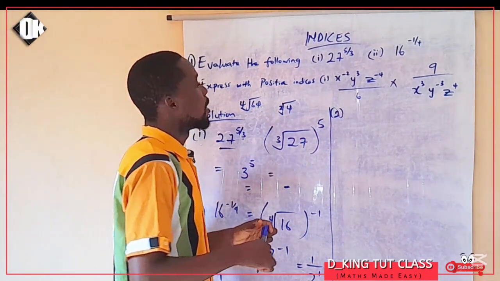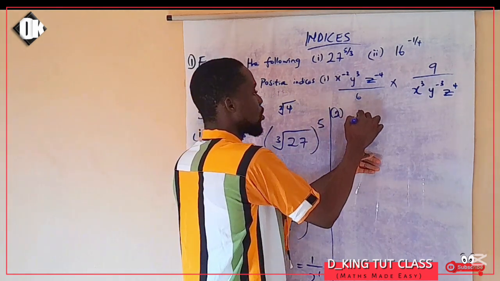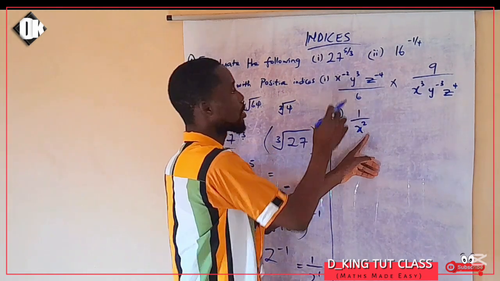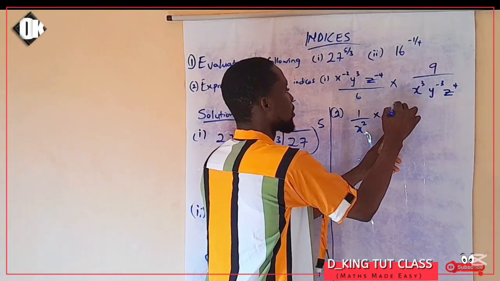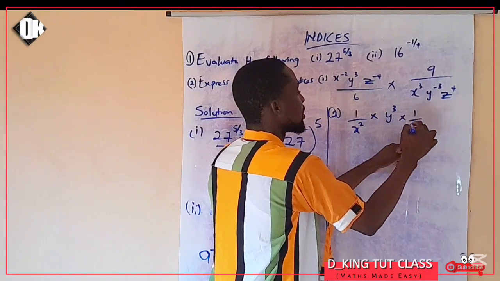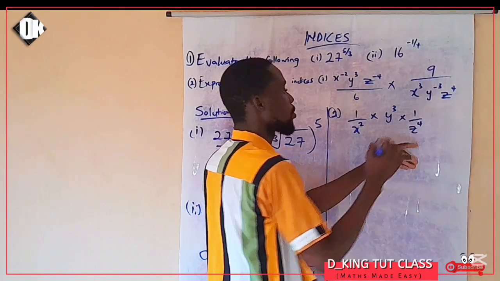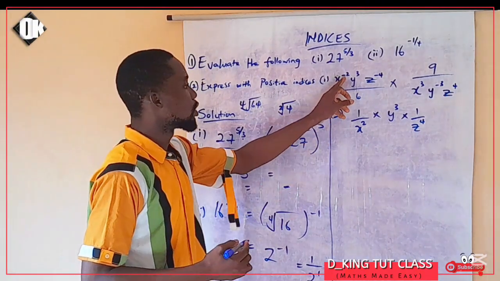Very simple. All I will do here is to say that this becomes 1 over x squared, times y raised to power 3, times 1 over z raised to power 4. Now you can say that I'm applying this law to expand this because it's the same thing.